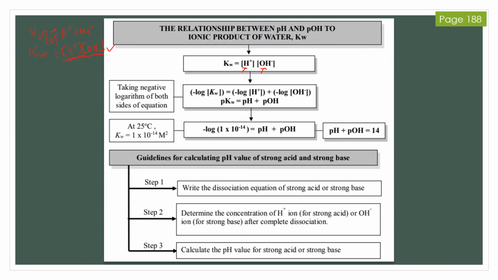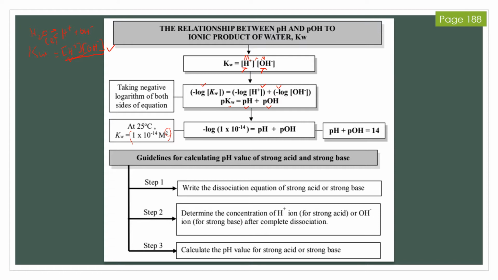So you put negative log on both sides, like this. And then you will get pKw equals pH plus pOH. And at 25 degrees Celsius, we know this is equal to 1 times 10 to the power of negative 14. This is molar squared, because this is molarity, molarity times molarity gives molar squared here, so don't be confused.